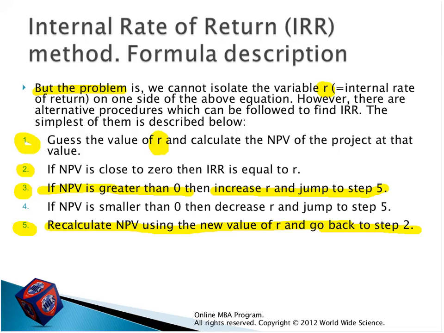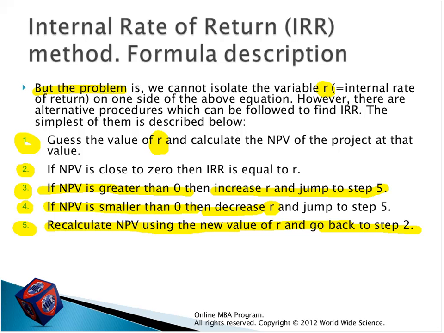But if the NPV is smaller than zero, meaning NPV comes with a negative amount, right? Then you have to decrease your R, your discount rate, and jump to step 5. Recalculate the NPVs.